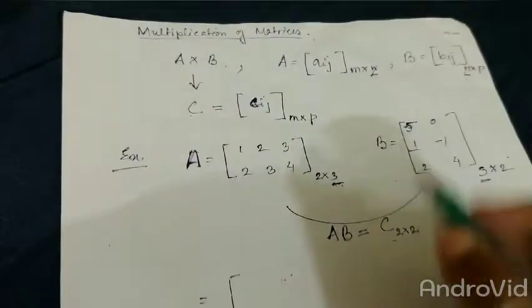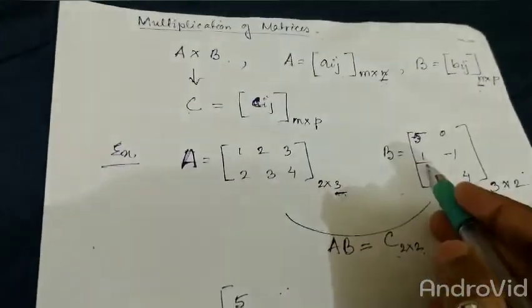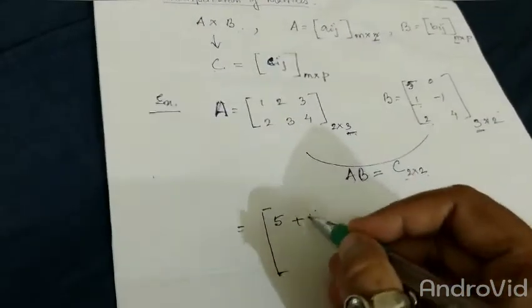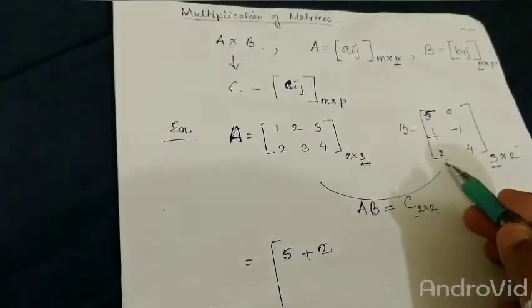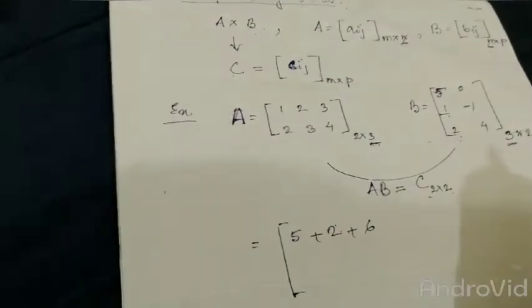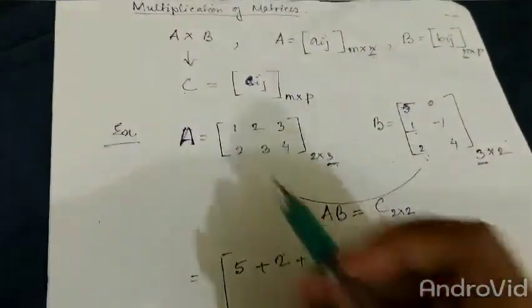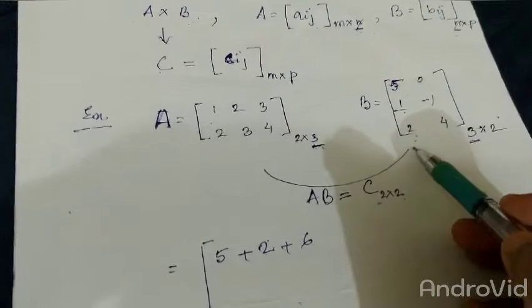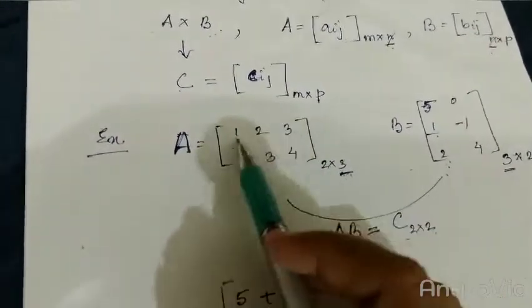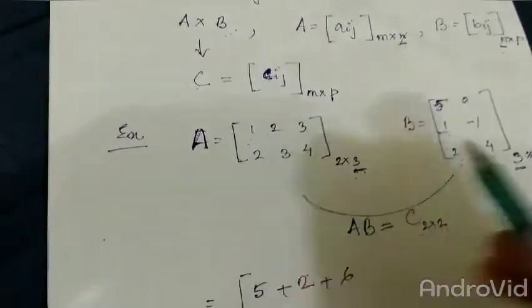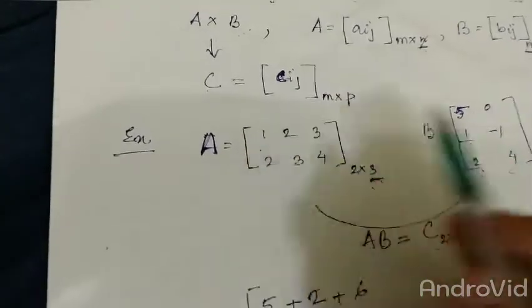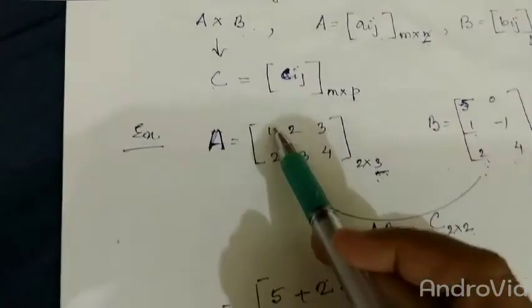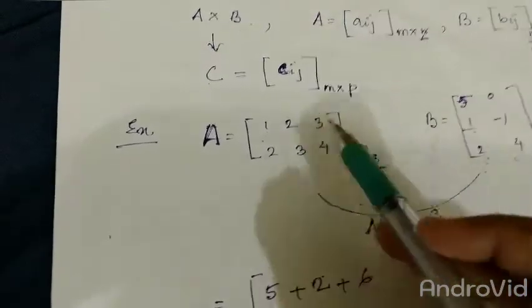So first row, first column: 1 into 5, 5. 2 into 1, 2. 3 into 2, 6. To get the first element of the product matrix, we multiply the first row of A with the first column of B. As there are 3 elements in the row, because it has 3 columns, and 3 elements in the column, because it has 3 rows, I can have a one-to-one correspondence: 1 into 5, 2 into 1, 3 into 2.